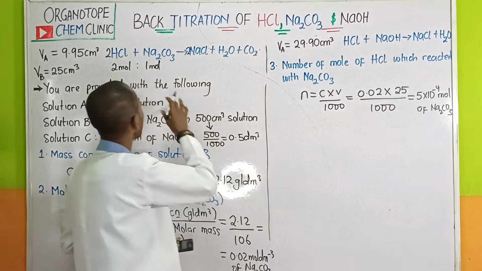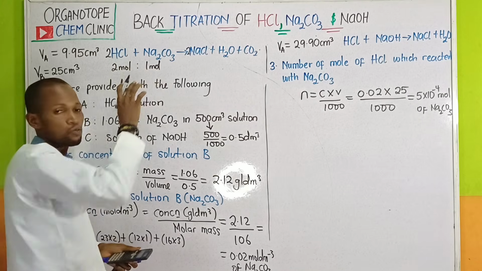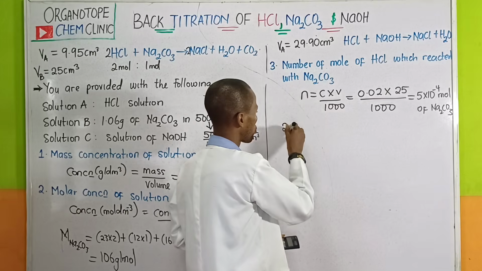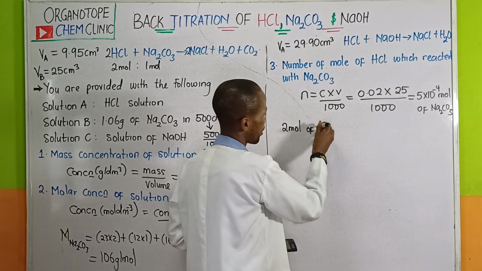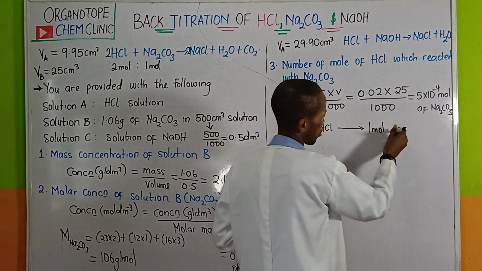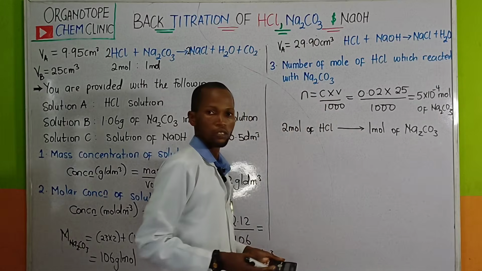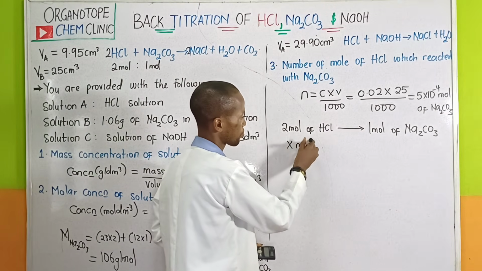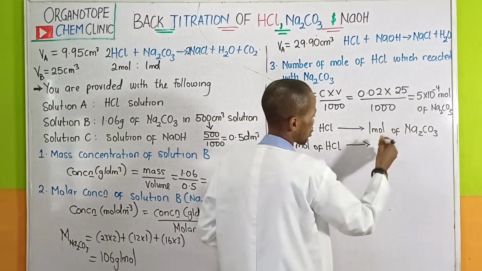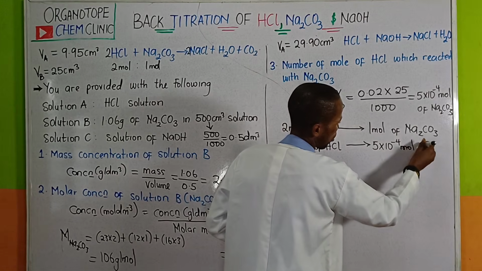So from our reaction right here, we have ratio 2:1. 2 moles of hydrochloric acid reacted with 1 mole of sodium carbonate. So can we use the mole ratio? So we have 2 moles of HCl reacted with 1 mole of sodium carbonate. So X mole of hydrochloric acid reacts with this 5 times 10 raised to the power minus 4 mole of what?